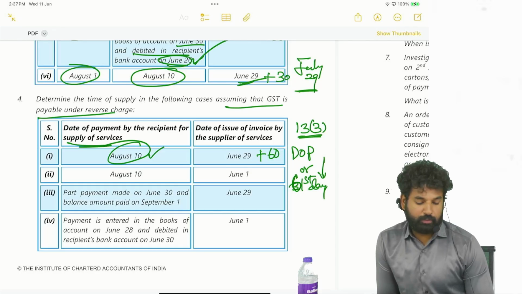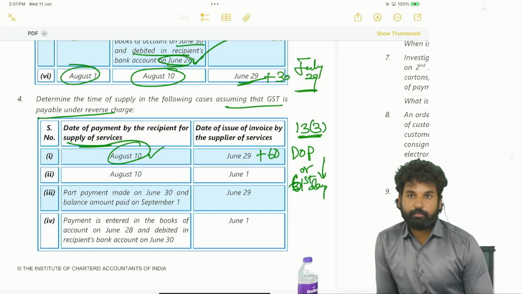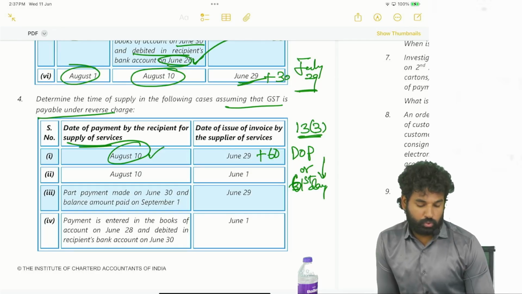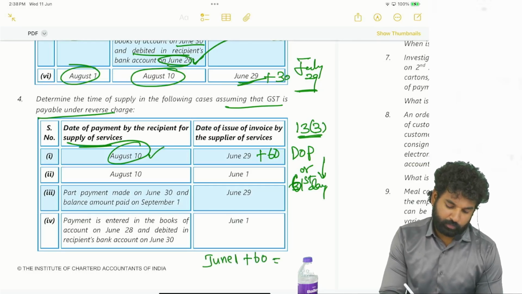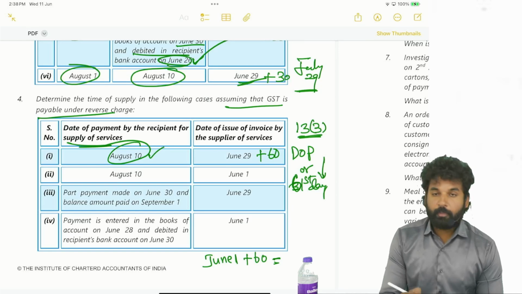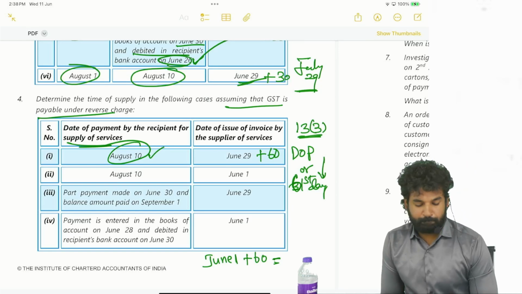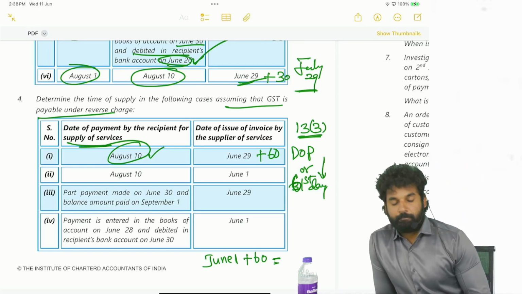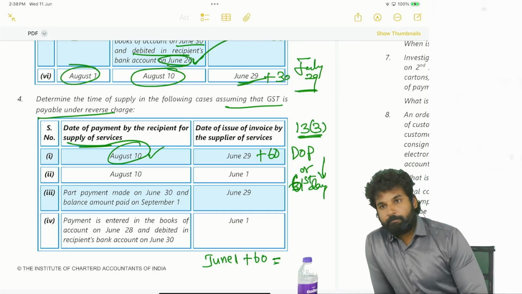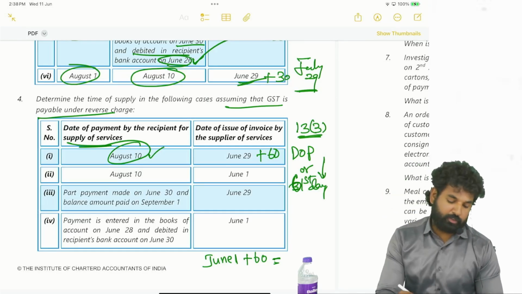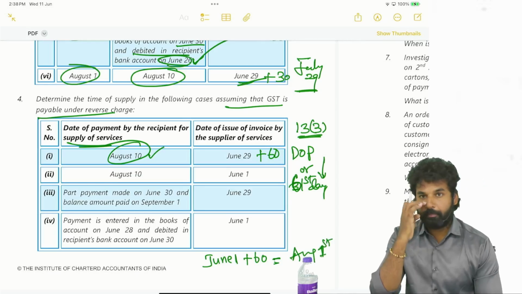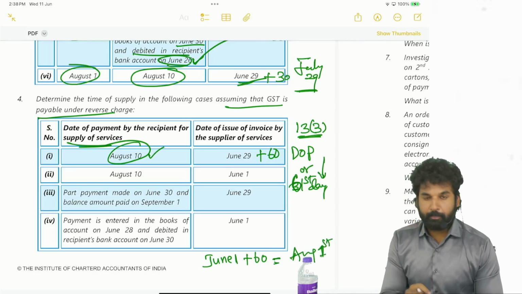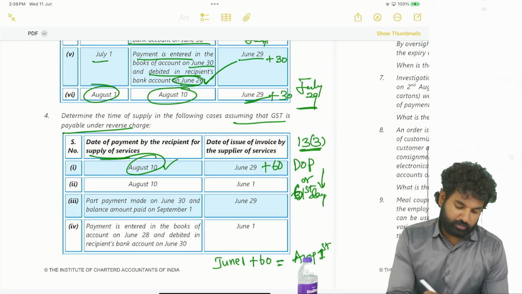June 1 plus 60 means how much? August 1st it will be, I think. August 1st will be the 61st day. Right. August 1st and August 10th.